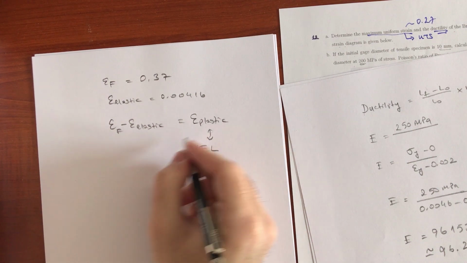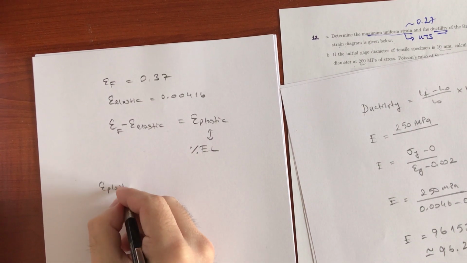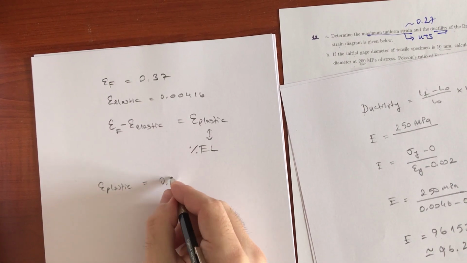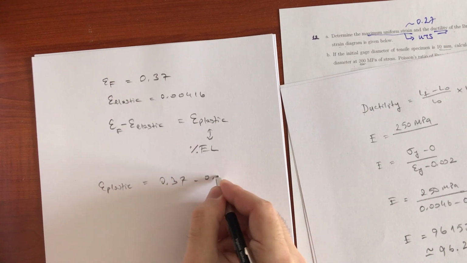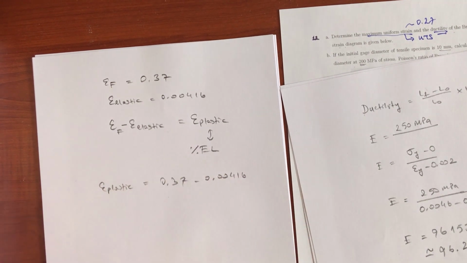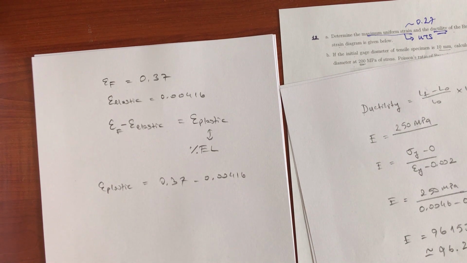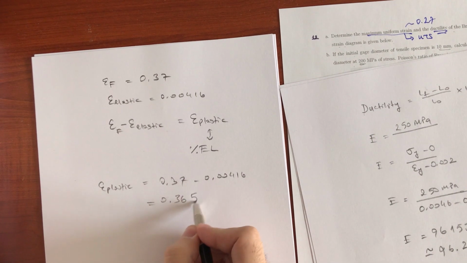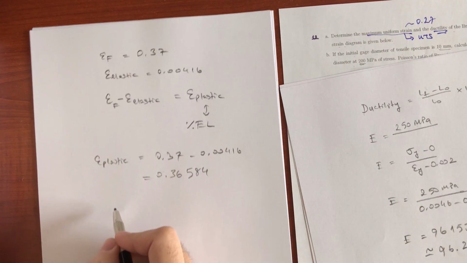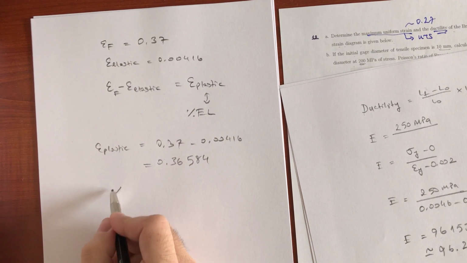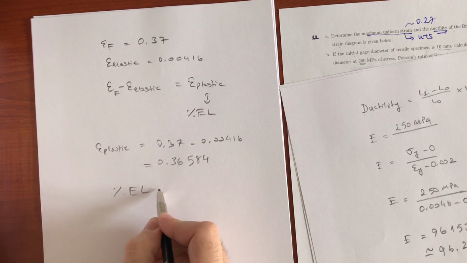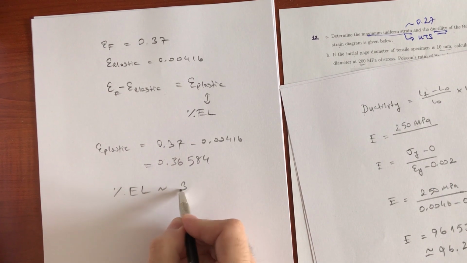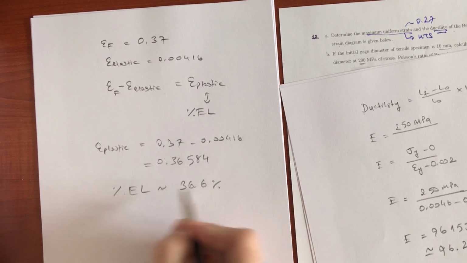If we calculate the plastic strain, it's going to be 0.37 minus 0.00416. That turns out to be 0.36584. And if you multiply this by 100, you get that percent elongation is approximately 36.6%.